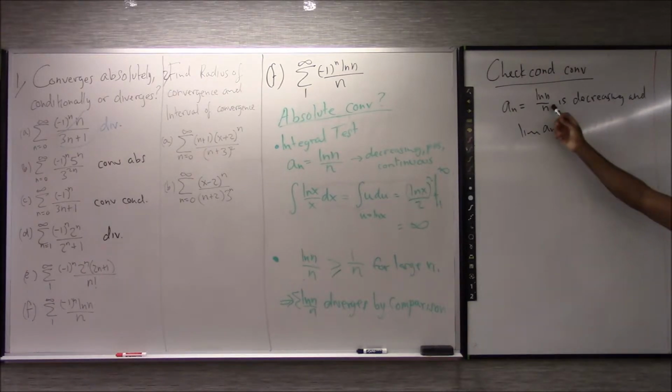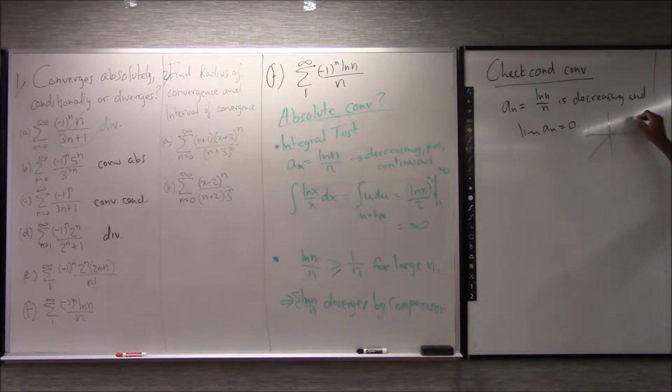Is it obvious to you that this is decreasing? Because ln grows a lot slower than n. You could find a derivative if you want and show that it's always negative. You could also just realize that if you look at y equals x versus y equals ln x, the ln is always going to be smaller.